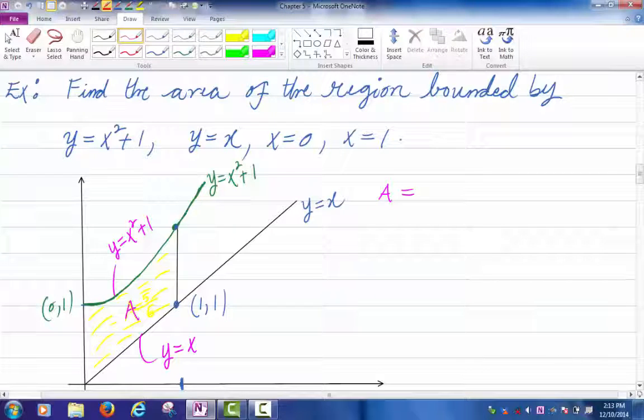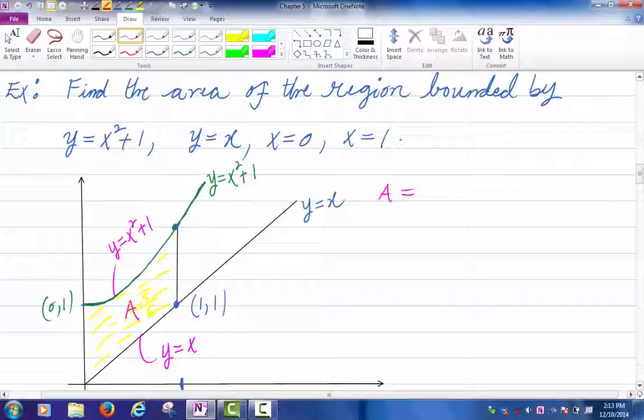What do I have to do? Do I know whether I should view this as a type 1 region or type 2 region? Well, before I decide that, I have to look at the graph, okay? All right, so what is the graph of x equals 1? It's a vertical line at 1.